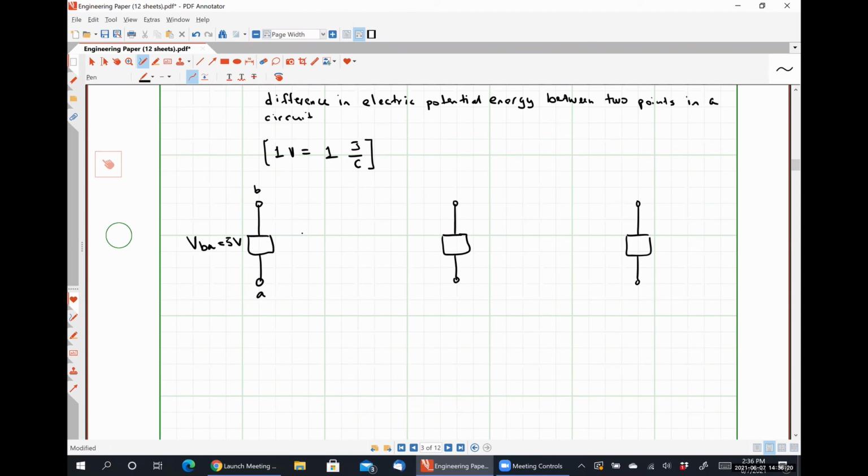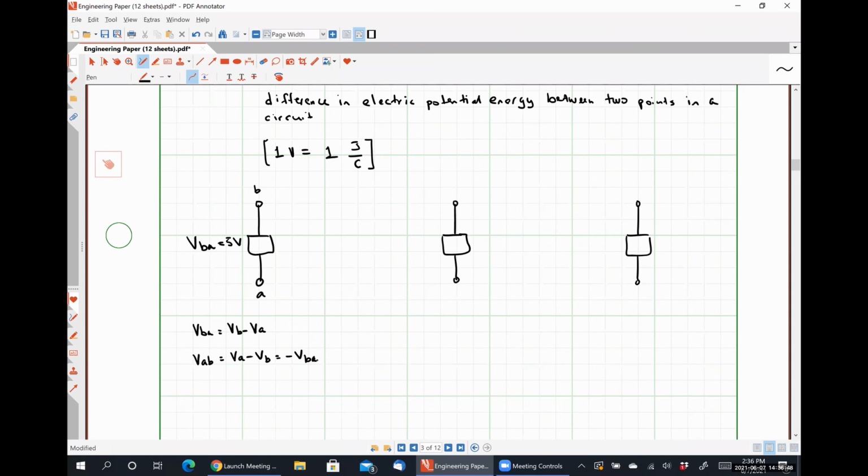One thing that's interesting about the double subscript notation is that, by definition, VBA is VB minus VA, and we could say that VAB would then be VA minus VB, which is just negative VBA.